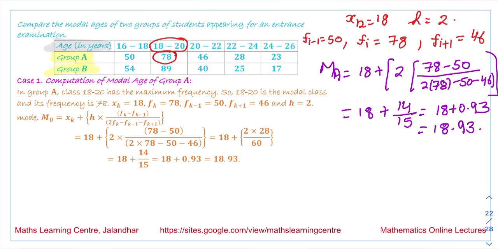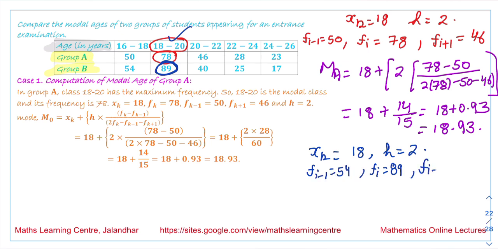Now for group B, the maximum frequency is 89 over here. Again this is the modal class, so the value of xk is 18. The value of h is 2. The value of fi is 89. The value of fi minus 1 is 54. The value of fi plus 1 is 40.